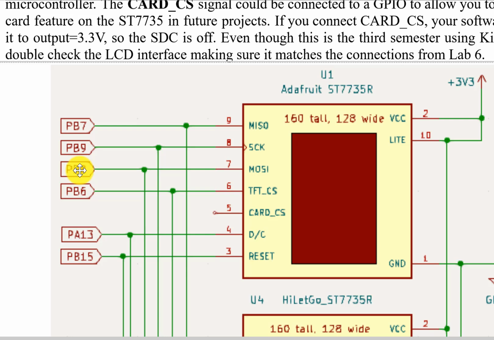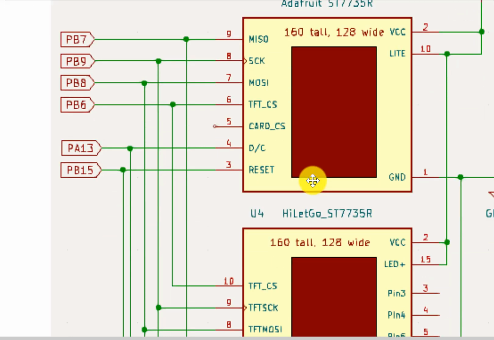Now the starter files actually have both the Adafruit and the HiLetgo connected. If you want to have them both, you can put them both on there. We don't care. But if you have one of the displays and not the other, you can simplify your layout by deleting the one you don't have.